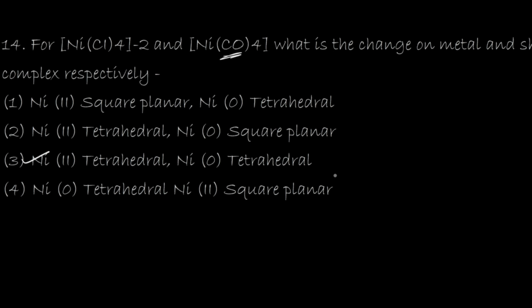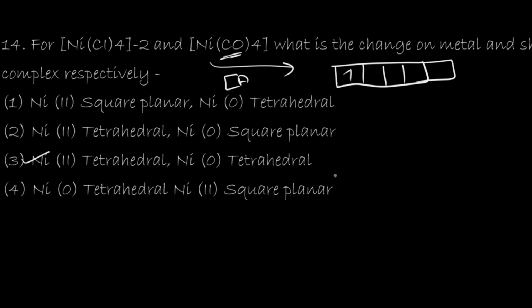And what about the oxidation state of nickel in the carbonyl complex? So it will have, after argon, 3d8, 4s2. So 8 electrons over here, then here I'm having 2 electrons.